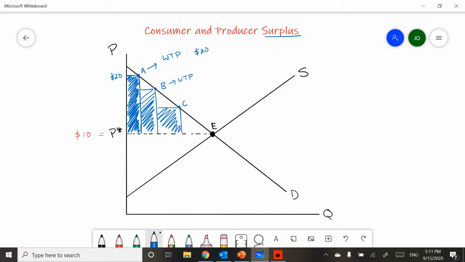Now, if we keep expanding and expanding customers, right? We have consumer D, E, and F, and so on and so forth. And you can easily see that the whole area between the demand curve and the price level is going to get filled out, such as this.